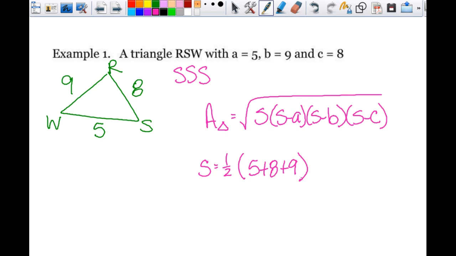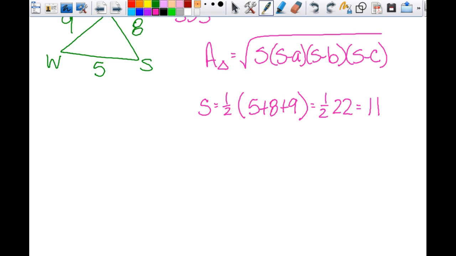So what is s equal to? Gives me half of 22, which is 11. Yes, thank you.